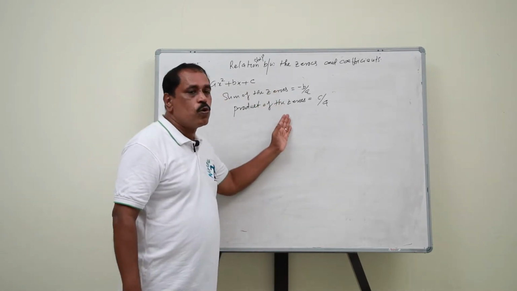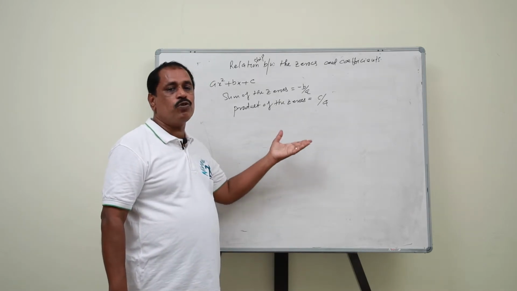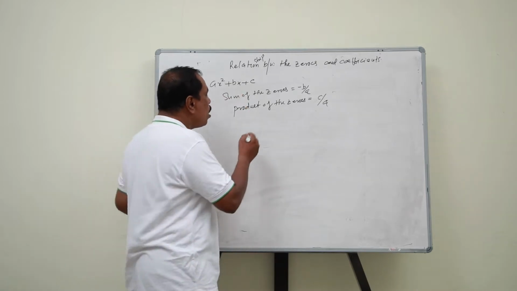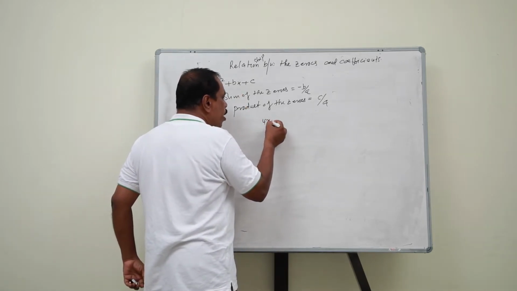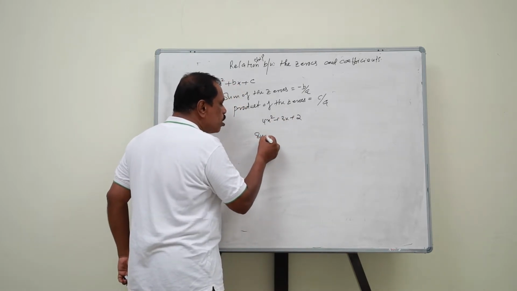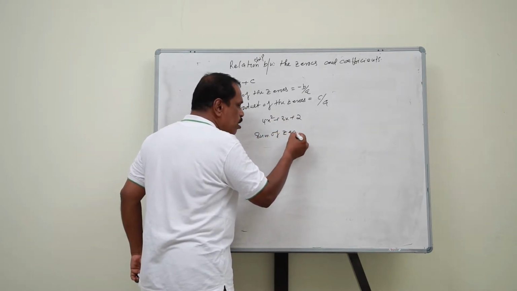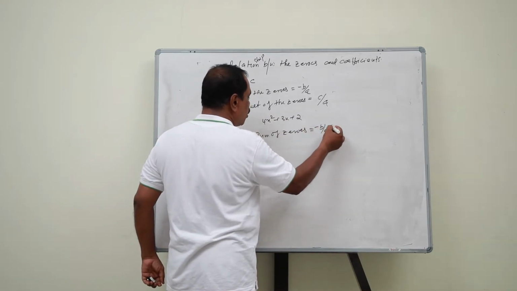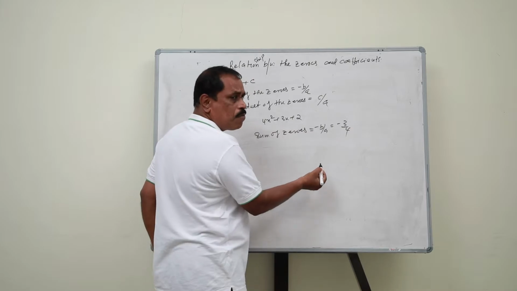In this case also we do not have to find the zeros directly for a quadratic. Say for example 4x square plus 3x plus 2. What is the sum of the zeros? Sum of the zeros is equal to minus b by a, right? That is minus 3 by 4. Very simple.